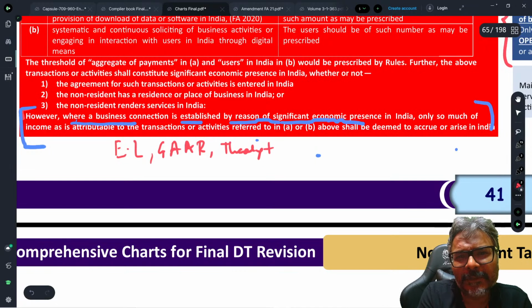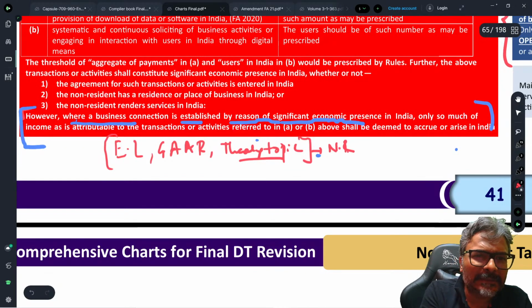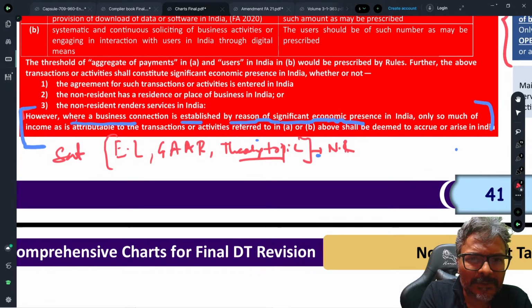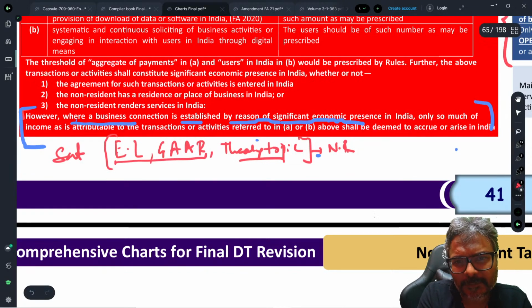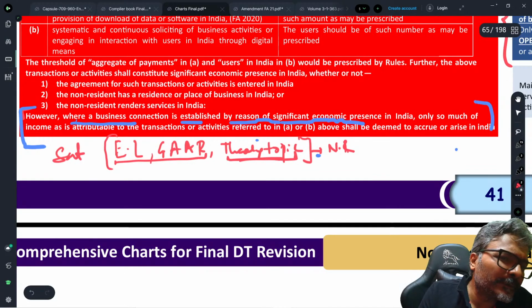The GAAR provision majorly, and maybe the theory topic. I am doubtful about the theory topic, but I'll try. The theory topic is on non-resident taxation. That is the next Saturday. So next Saturday, students, these are the topics primarily which I am going to target for all of you.